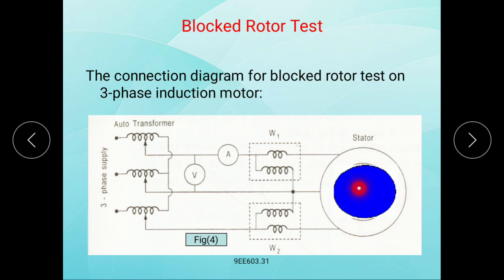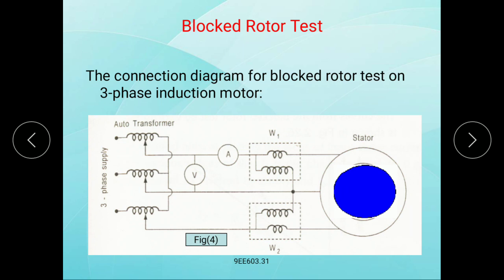It is blocked, that means it is not rotating. When supply is given to the motor, it is not rotating, it is blocked. So that is called the blocked rotor test.